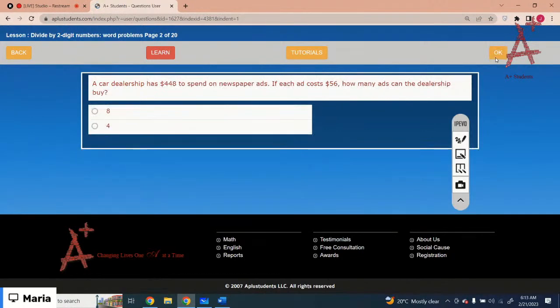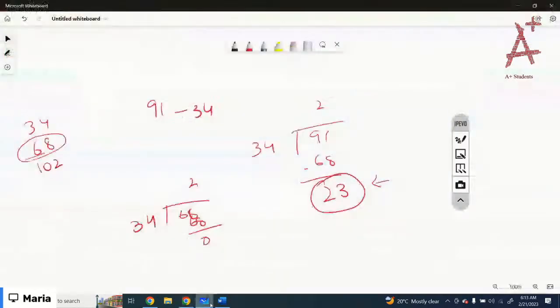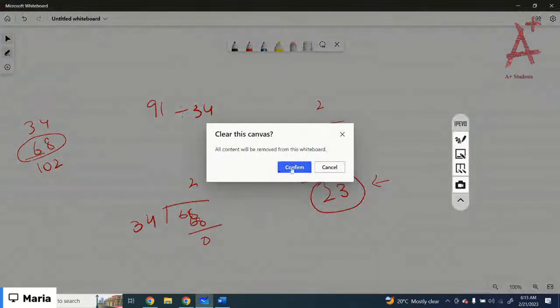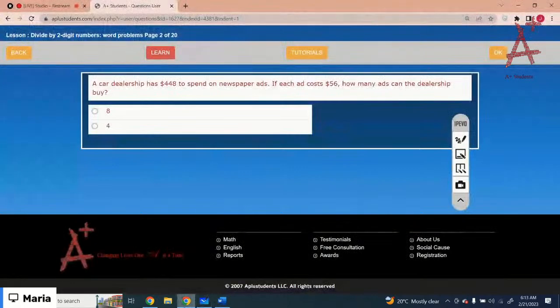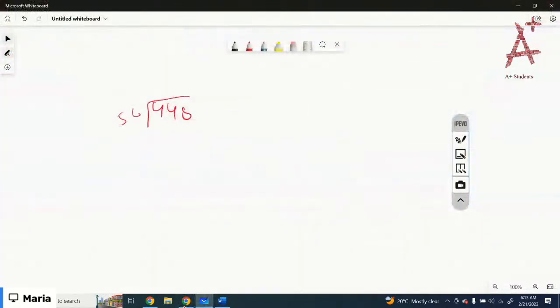Okay, the next one is: a car dealership has 448 dollars to spend on newspaper ads. If each ad costs $56, how many ads can the dealership buy? You have to divide 448 by 56. I think 56 times 8. 8 times 6 is 48, 8 times 5 is 40, and 4 more makes 44.